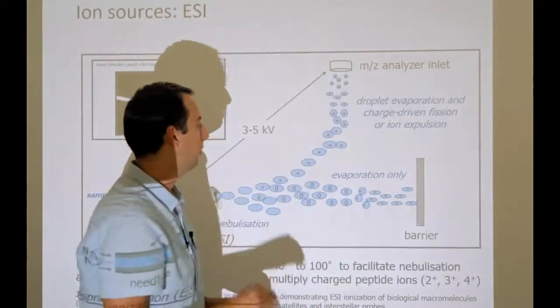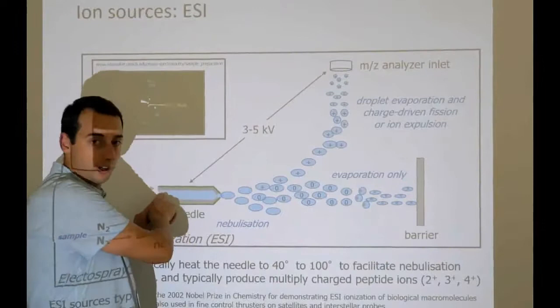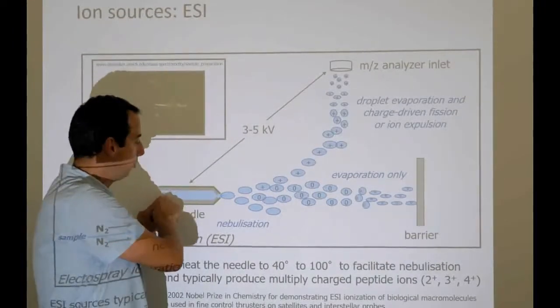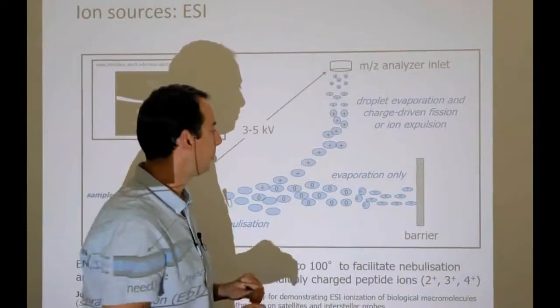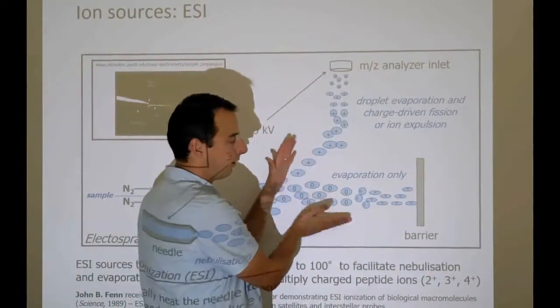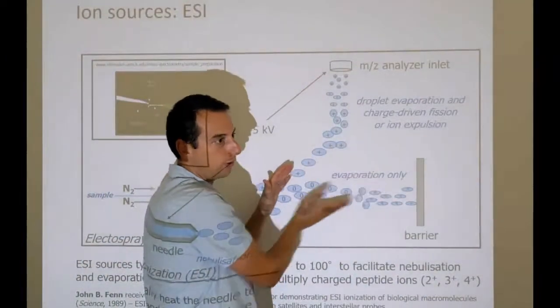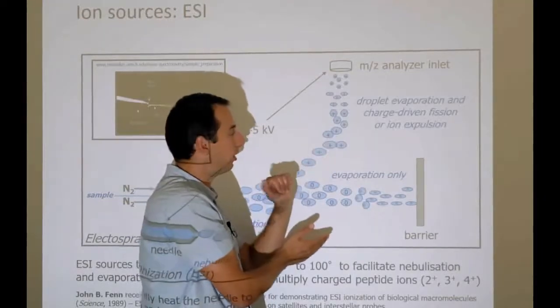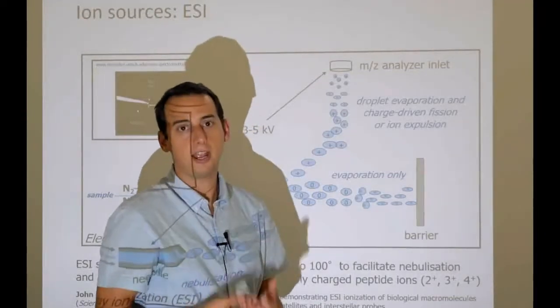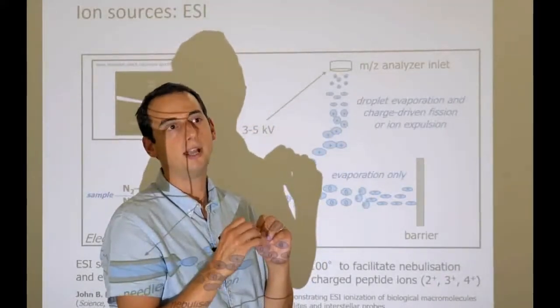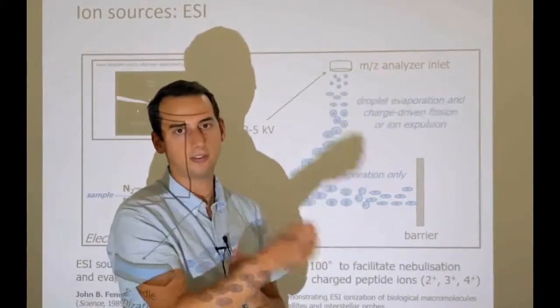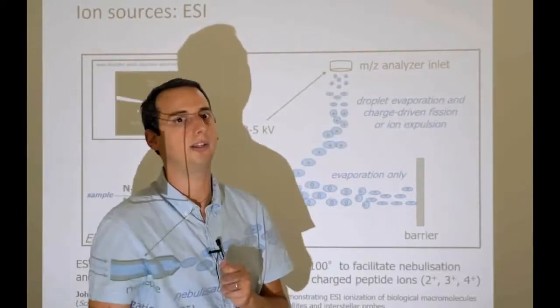So here, the trick is we have charged molecules in our solution. We spray it so that we can get a set of droplets. These droplets we try to separate in the ones that we don't want, uncharged ones, and the ones we're interested in that are charged. And then we allow the charge as quickly as possible to split into as small a set of droplets as possible, and then from these droplets to eject single charged ions in the gas phase.